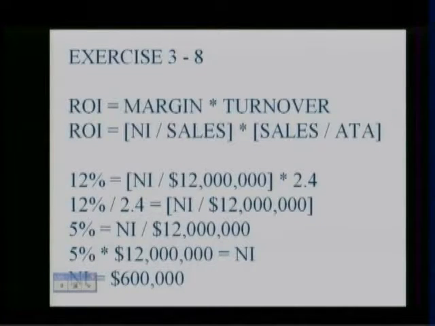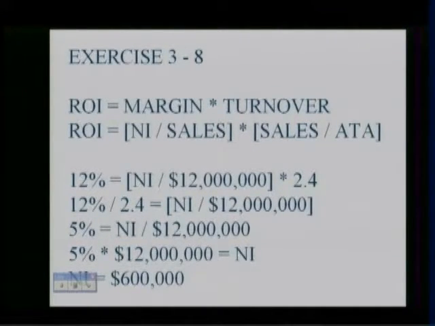So again, the first thing you're going to do is write down your 2 equations. ROI equals margin times turnover. ROI equals net income divided by sales times sales divided by average total assets. Plug in what you know. You know that your ROI is 12%. You don't know net income.